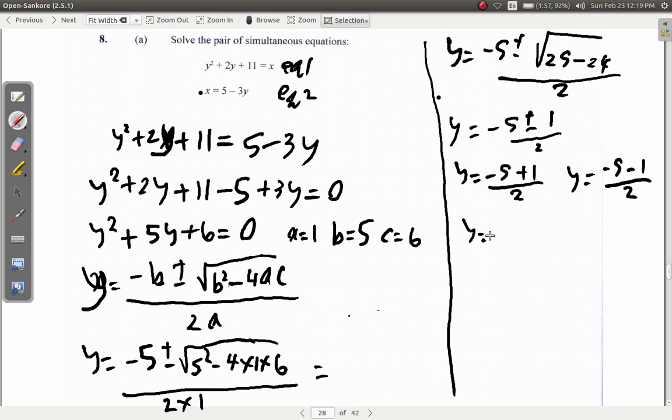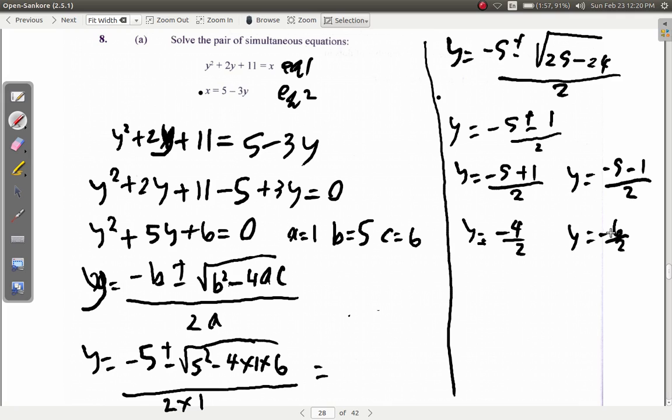So y is going to be negative 5 plus 1, which is negative 4 over 2. y is also equal to negative 5 minus 1, which is negative 6 over 2.